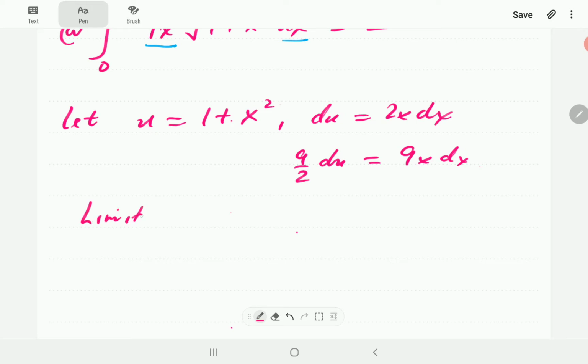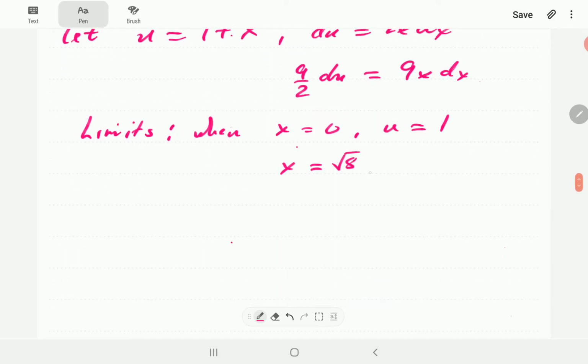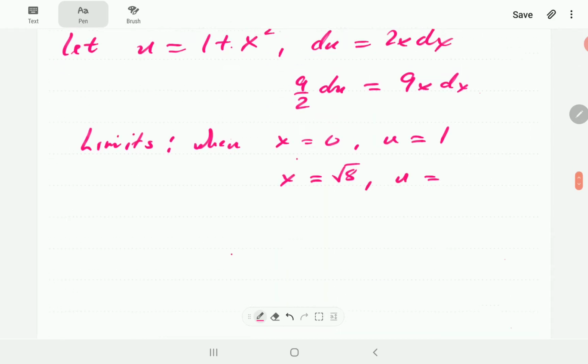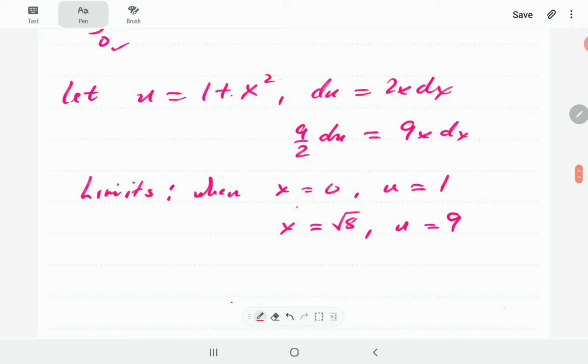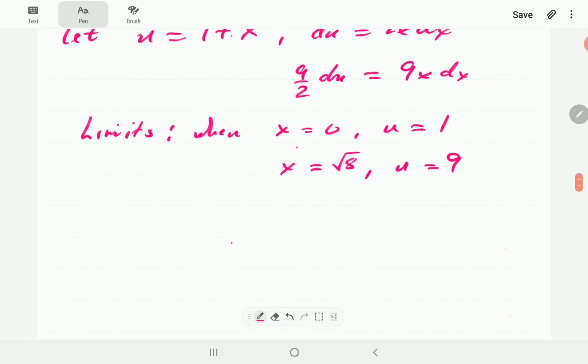Okay, so for the limits, when x is equal to 0, that's this one, u is going to be equal to 1, if you plug in x equal to 0 here. And then when x is equal to square root 8, which is the upper limit, then u is going to be 8 plus 1. So u is going to be 9.